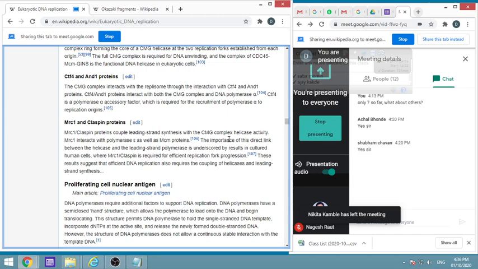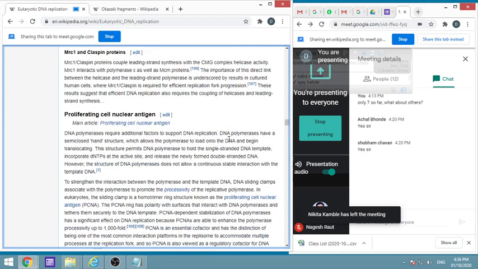major DNA formation. Then lastly is the proliferating cell nuclear antigen. The polymerases require additional factors which support DNA replication. These DNA polymerases have a semi-closed hand-like structure which allows the polymerase to load onto the DNA and begin translocating. So this structure permits DNA polymerase to hold the single-stranded DNA template.